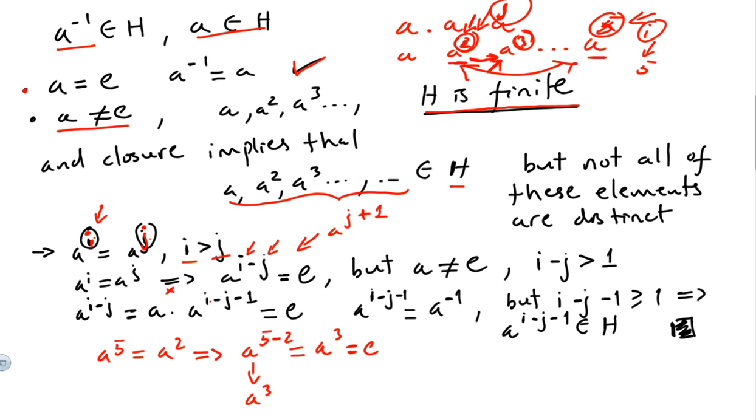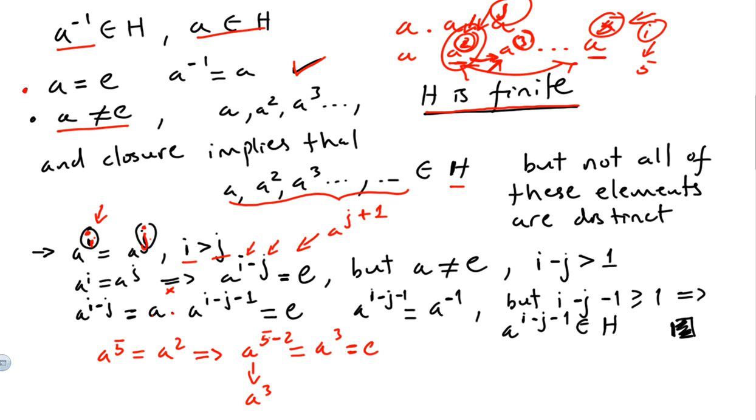So i minus j in our case was 5 and 2, right? So 5 minus 2 would be 3, so this one will be 3, okay? 3 minus 1, 2, so you are here again, 2, okay?